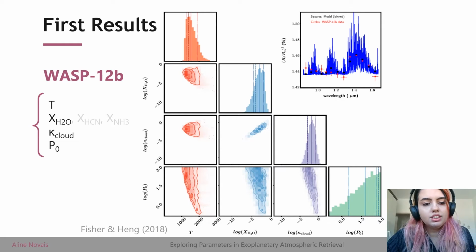And you can see they retrieved 4 parameters in this case. So the temperature, the water abundance, although they could have retrieved abundance for other molecules, such as ammonia and hydrogen cyanide. They also retrieved the opacity of the cloud and the reference pressure.